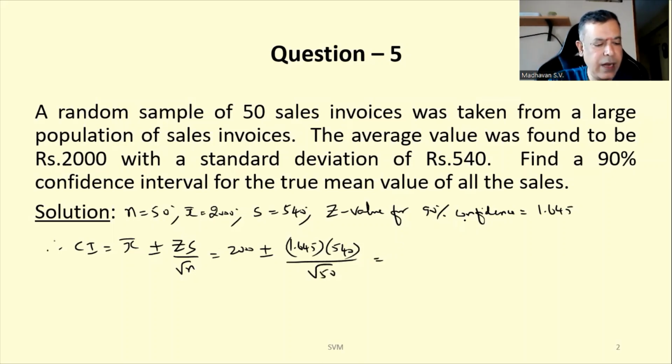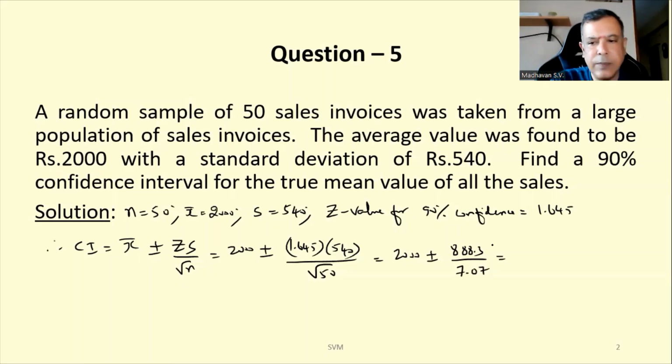If we calculate this, 1.645 into 540 gives 888.3, and the square root of 50 is 7.07.